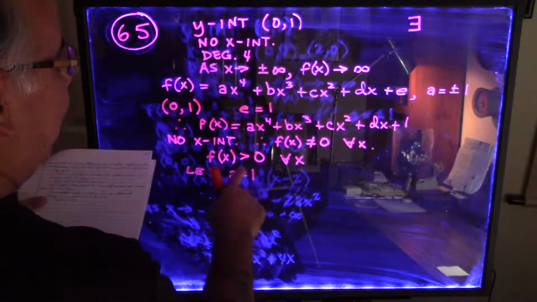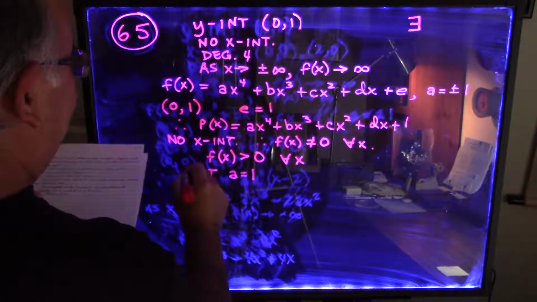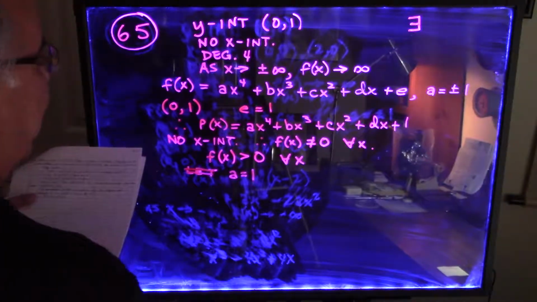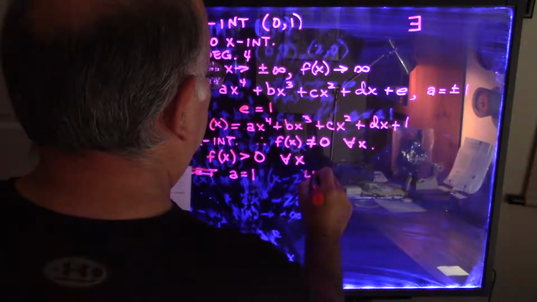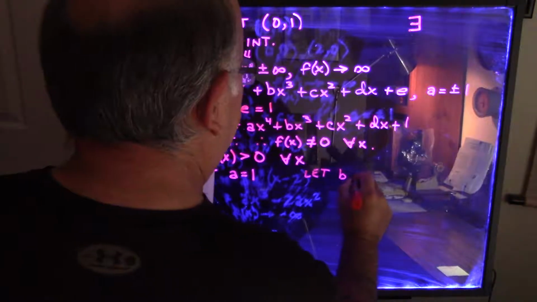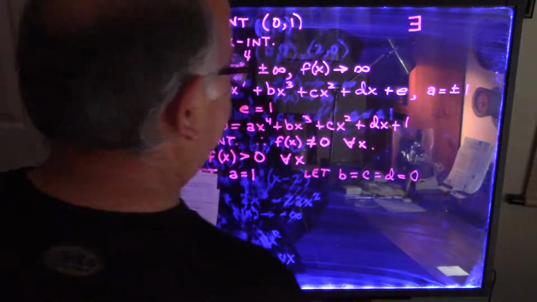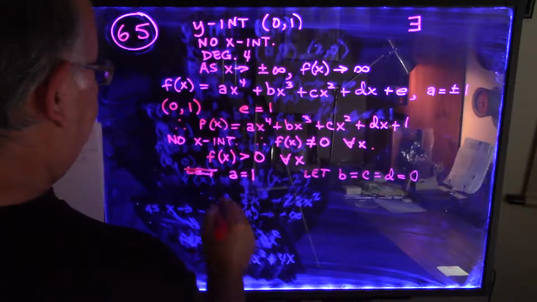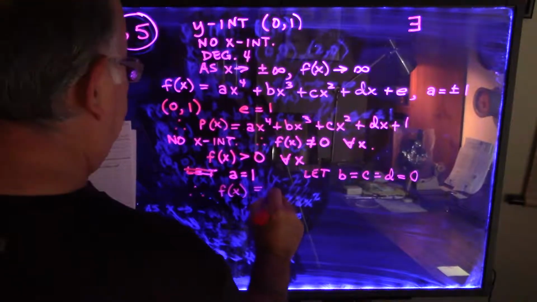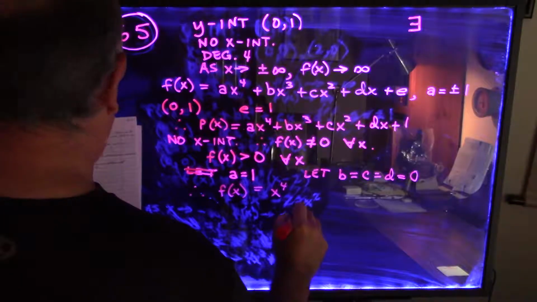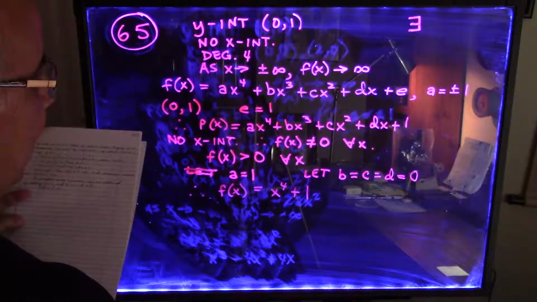We already determined that f of x is positive for all x, so I'll cross that out. a has to equal 1. Here's where let comes in. Let b equal c equal d equal 0, and that'll give us the simplest such function. Therefore, f of x will equal x to the 4th plus 1. And that does meet our conditions.